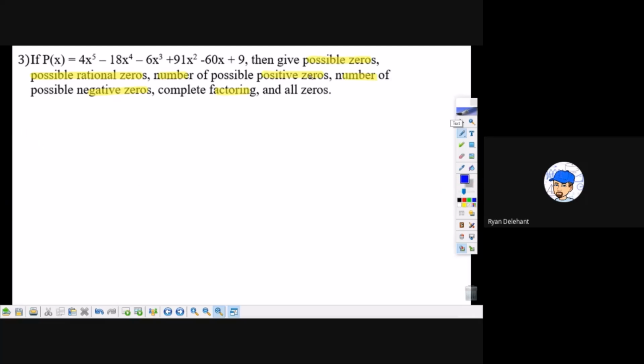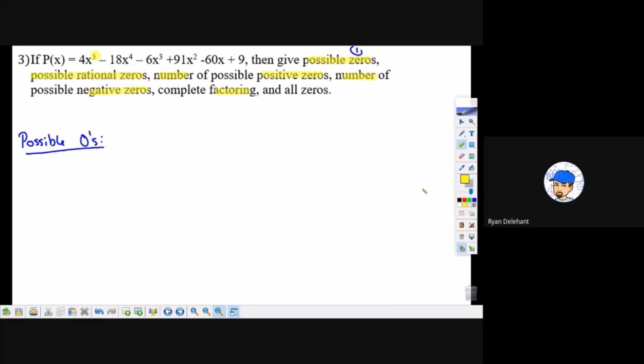So really just kind of getting all this information into a concise pile. So let's talk about the first part. Possible zeros. Because there's a whole lot of word possible in here, right? What I mean by this is how many zeros should this have based on its leading coefficient? Meaning how many times do we suspect this should cross the x-axis just by looking at it? And so we look at the lead term.